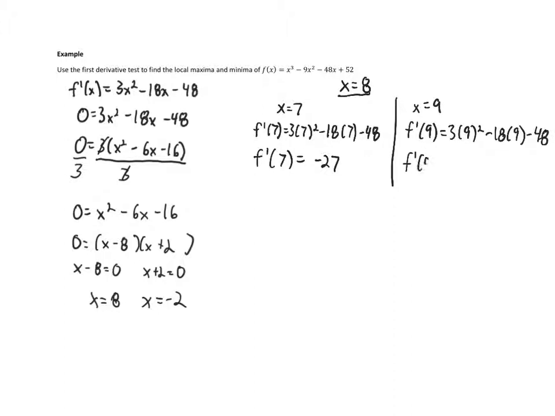So f prime of 9 equals 33. So what you're seeing is that the derivative, the slope, went from decreasing to increasing at x equals 8. So what we have shown, x equals 8 is a local minimum.